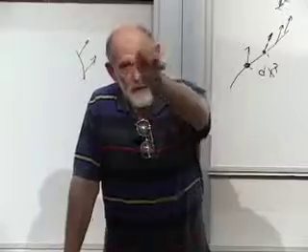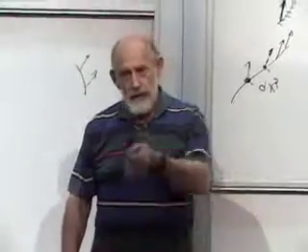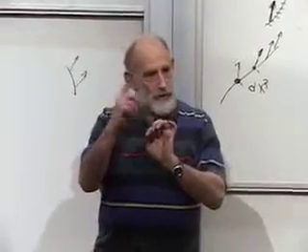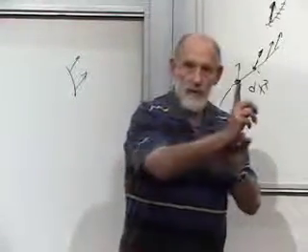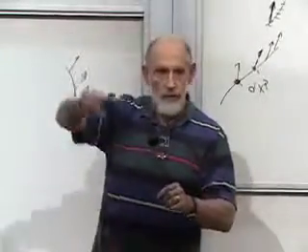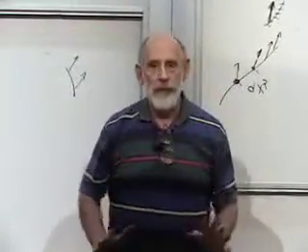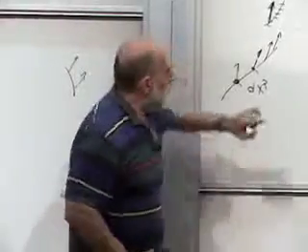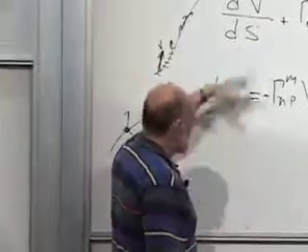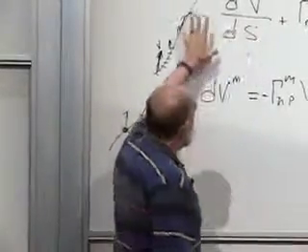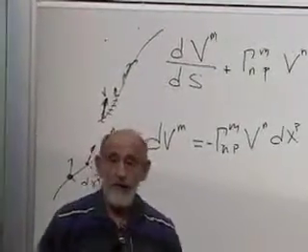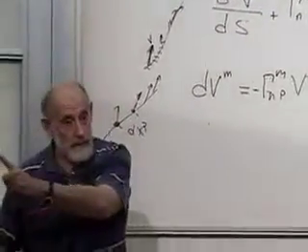You move it around, pay no attention to it, just move the tip of it, and because of its angular momentum, it will continue to point in the same direction, even if you transport it along the wildest, wiggliest curve. Right? That's the idea of parallel transport. So this would be the equation then that would govern, in 3 dimensions, for example, the components of the axis of a gyroscope as you move it around.